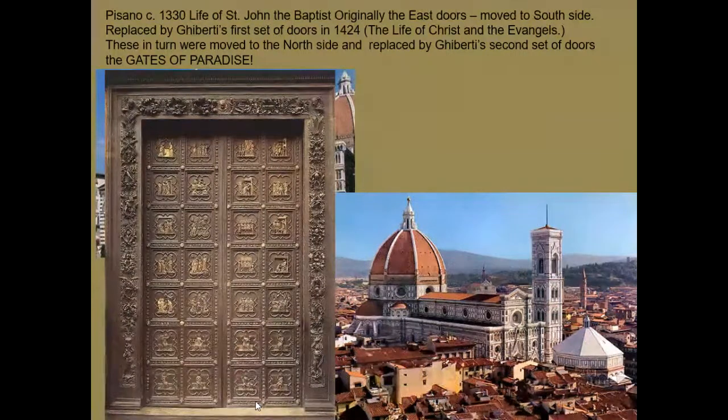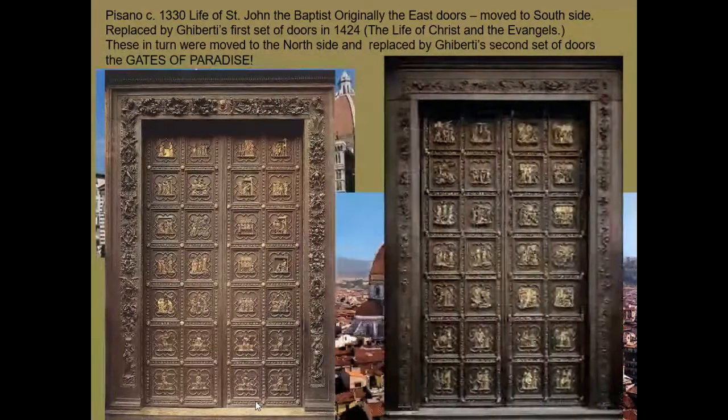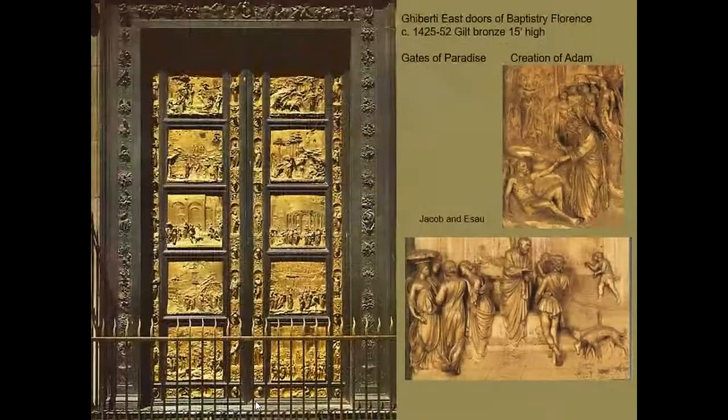There's Pisano's set of doors. There's the 1401 replacements by Ghiberti, and then he's brought back 2 decades later in 1424 to create this set of doors, and he's freed from the restrictions of the quatrefoil.